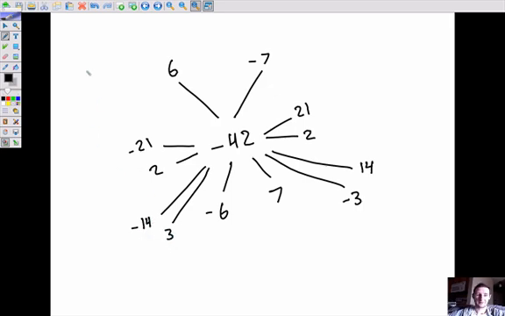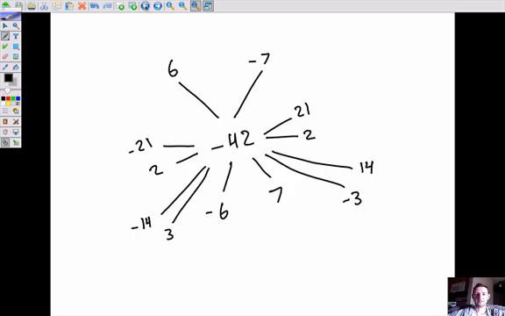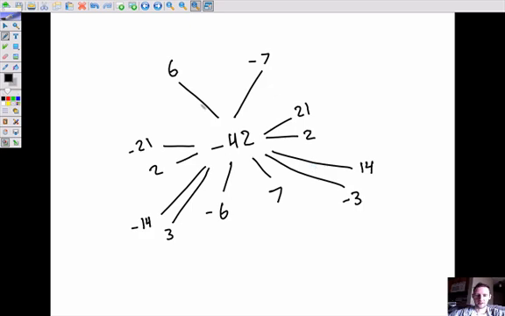So this one I have a ton of different options. The number that I need to pay attention to in order to figure out which one of these it is, I need to look at this positive 11. So which of these pairs of factors adds to positive 11? The 6s and the 7s won't.